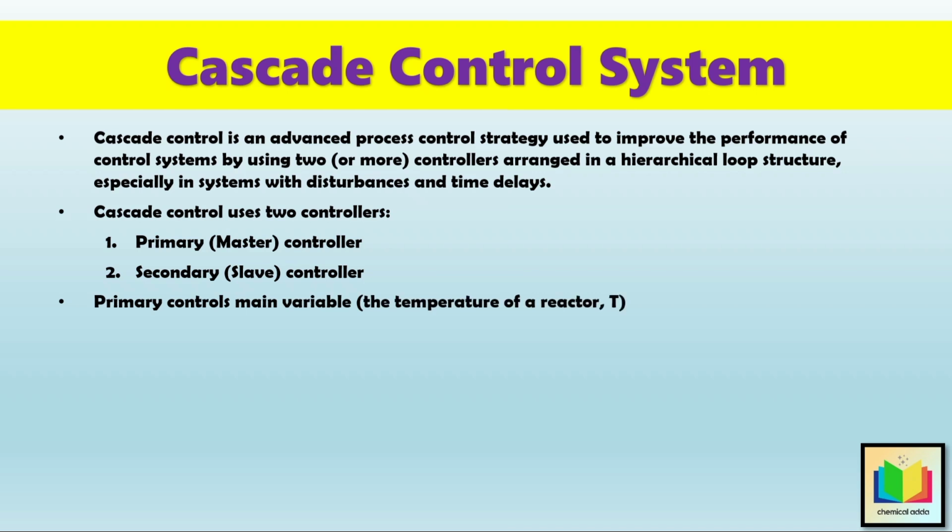In the example of a CSTR with a jacketed kettle, the main process variable is the temperature of the reactor, T. Similarly, the secondary controller controls a supporting or faster changing variable, like coolant temperature, TC. And therefore, this system gives faster and more accurate control by catching disturbances earlier.